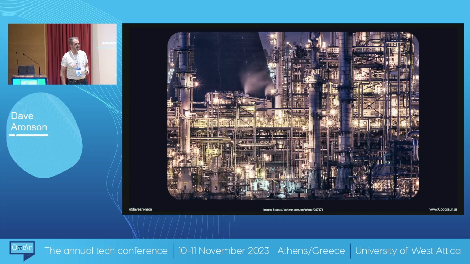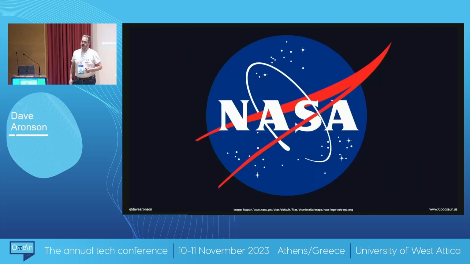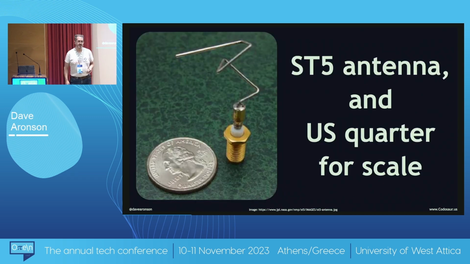For instance, in 2005, NASA used a genetic algorithm to design its antenna for the ST-5 series of satellites launched in 2006. No, that's not just a paperclip that got bent up by somebody fidgeting in a boring meeting. The NASA Jet Propulsion Laboratory website says, its unusual shape is expected because most human antenna designers would never think of such a design. And that's actually one of the great strengths of this approach.